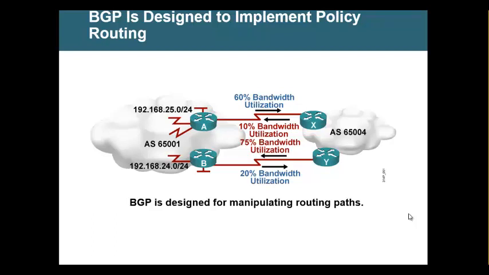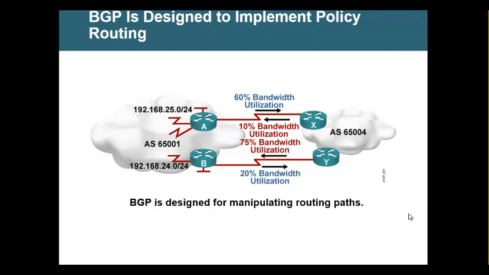Now here what we see is an example scenario where policies are involved. A is connected to X, B is connected to Y. They have an EBGP relationship. They are in two different autonomous systems, that's why it is EBGP. And the policy is this. From A to X, 60% of bandwidth should be consumed.